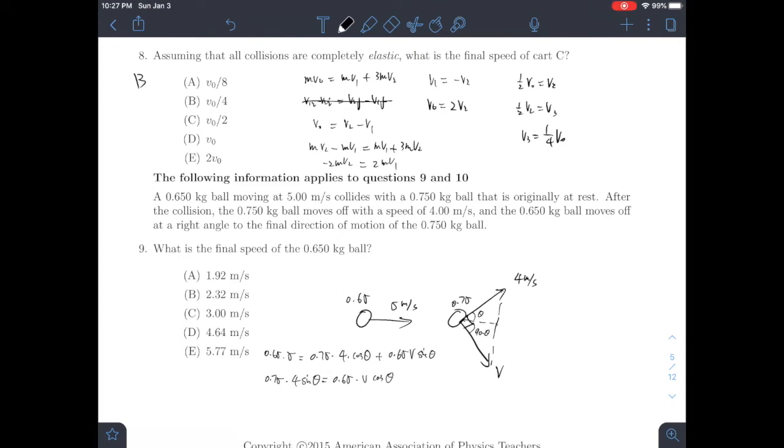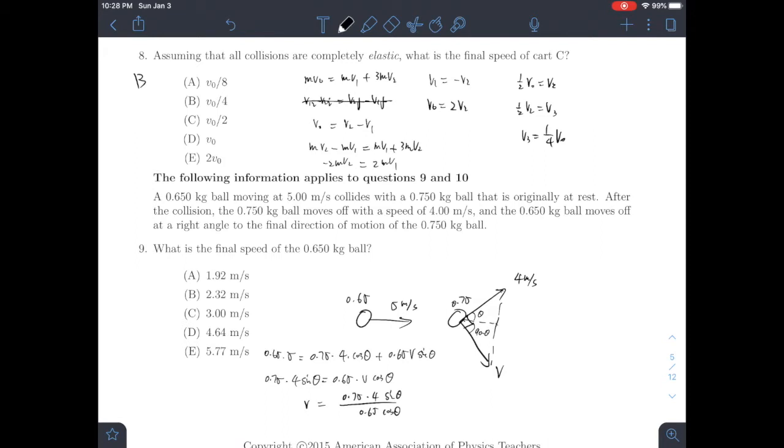And second, 0.75 times 4 sine theta is the vertical momentum of the second ball, and 0.65 times v times cosine theta, which is sine of 90 minus theta, is the vertical momentum of the first ball. Then we can find v from the last equation, and we plug this v back into the first equation, and then we can solve for the theta angle. After we solve the theta angle, we can plug it back into the v and solve for v.